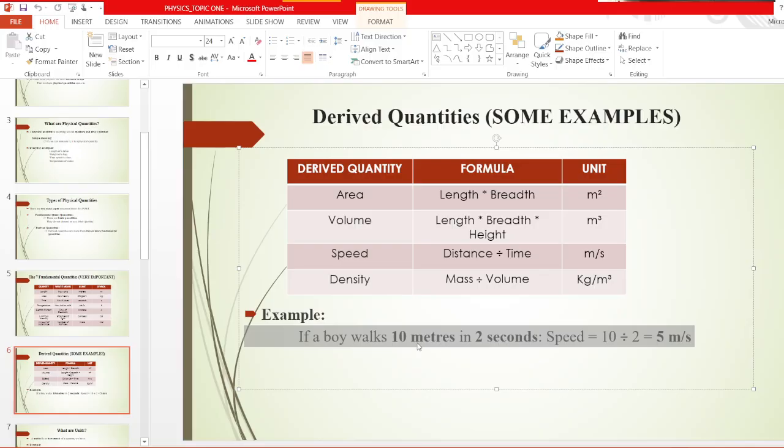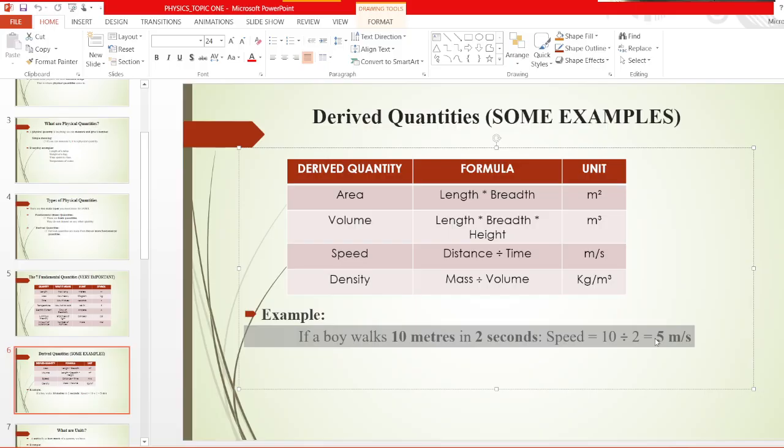Here, 10 meters represent distance and 2 seconds represent time. Going by the formula that speed equals distance divided by time, then you are going to say 10 divided by 2, meaning that the answer is going to be 5 meters per second. Please, if you see an option of 5, it is wrong.